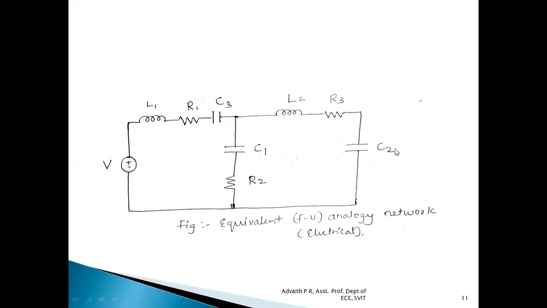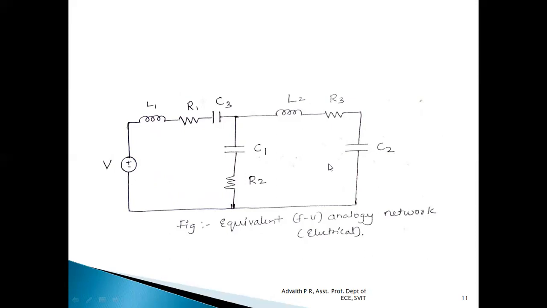L2, R3 and C2 are completely with respect to mesh M2, whereas C1 and R2 are between mesh M1 and M2 because they are the common elements. And instead of force, we will be representing it as voltage. So this is how we draw the force voltage analogous network.